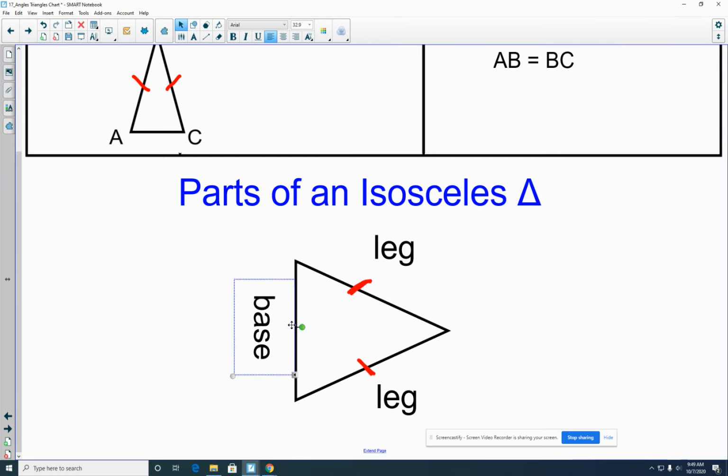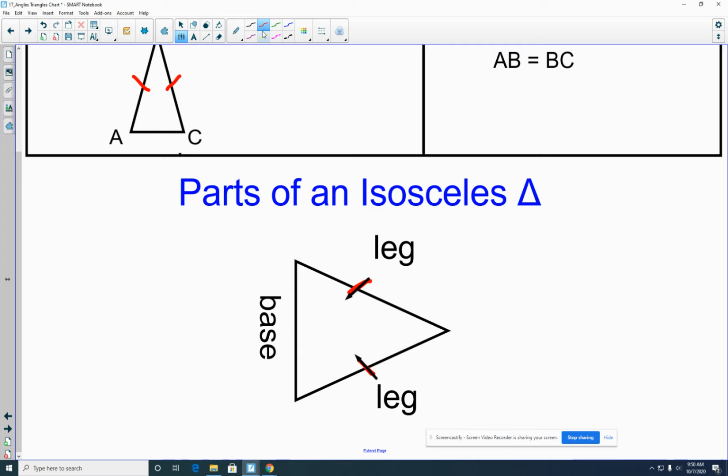Now, what's interesting about the isosceles triangle is you have equal sides, you also have some equal angles. To figure out where those angles are, I think of this marking as an arrow. This leg points to its angle that it's across from. This leg points to its angle that it's across from. So take a look.